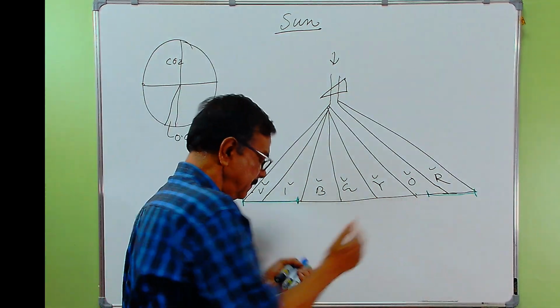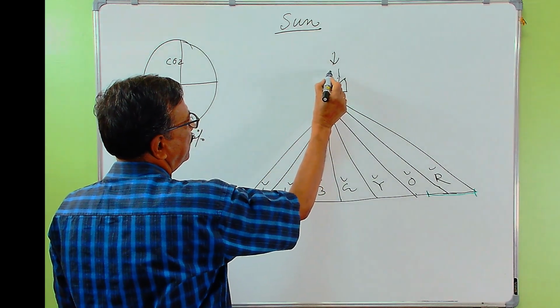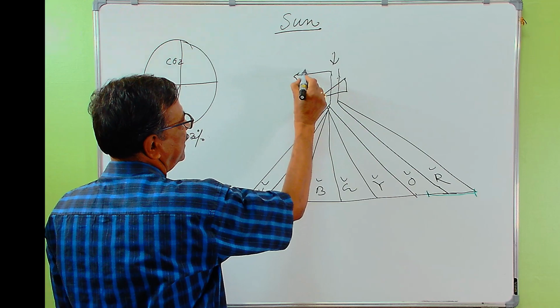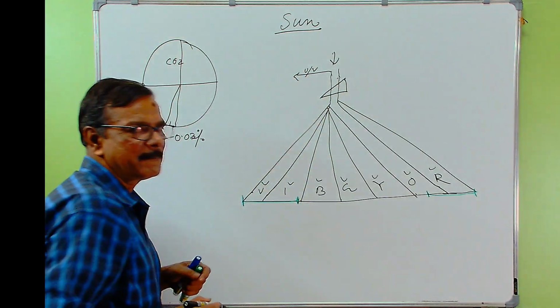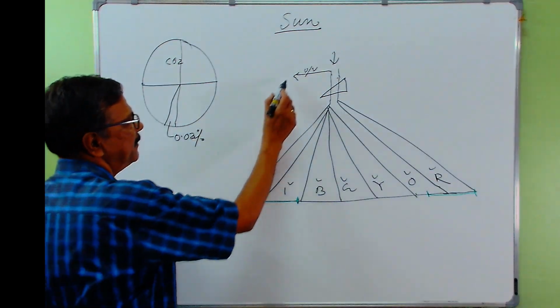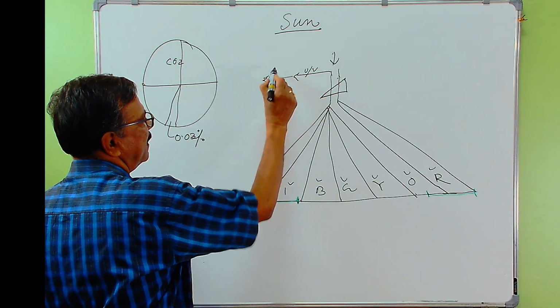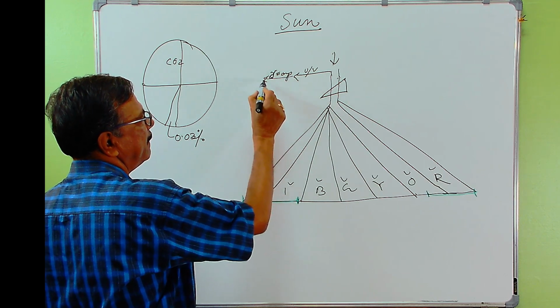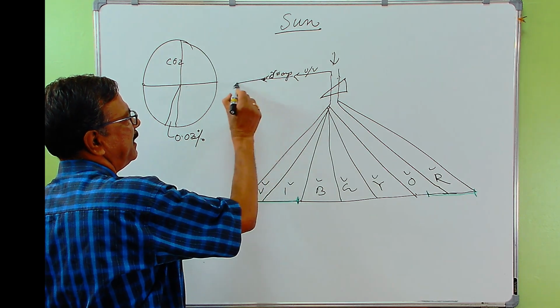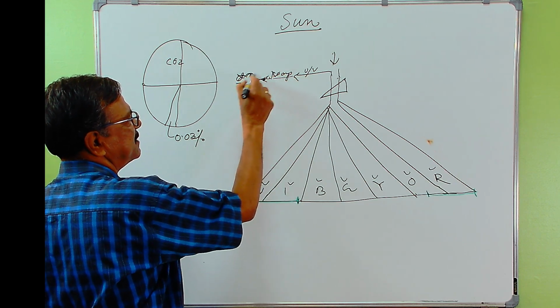Other than this, if you go beyond this, there are ultraviolet rays, which are not visible. Then X-rays, then gamma rays.